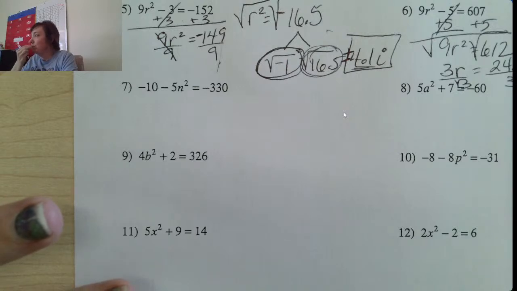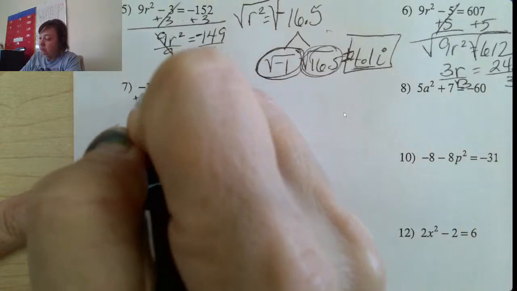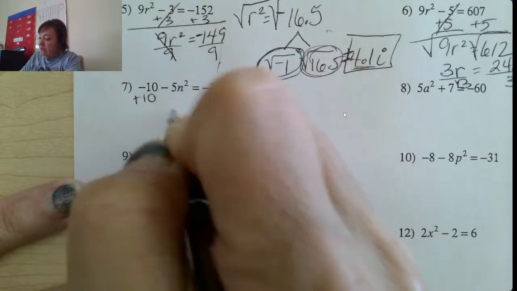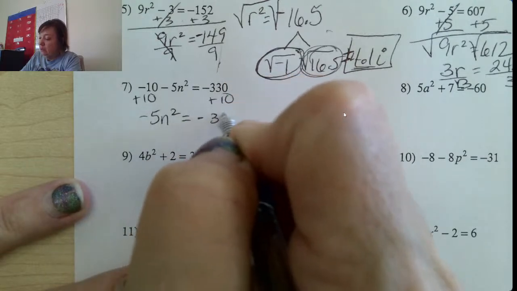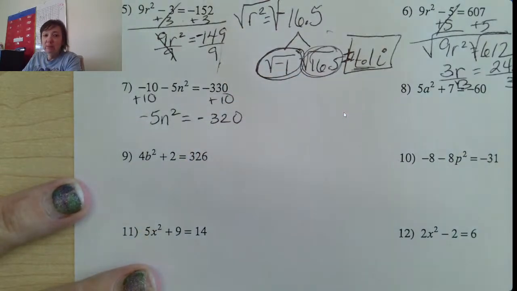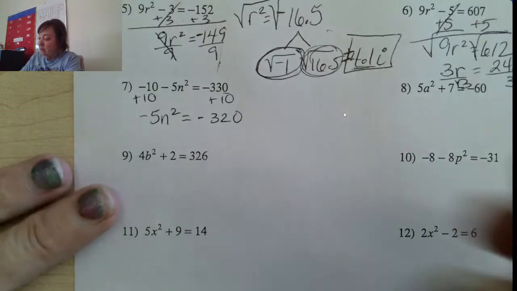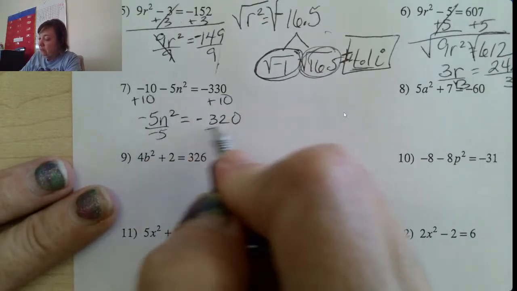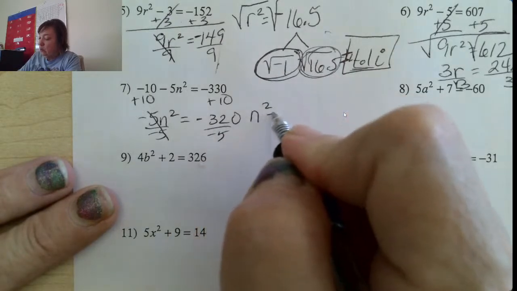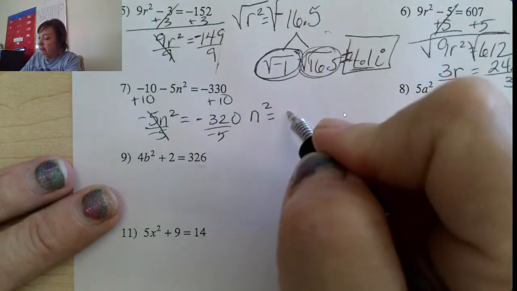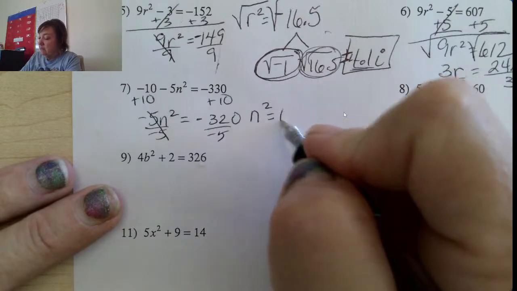What are you going to do? Add 10. So we're going to have negative 5n squared equals negative 320. Then what? Divide by negative 5. So we've got n squared equals positive 64.